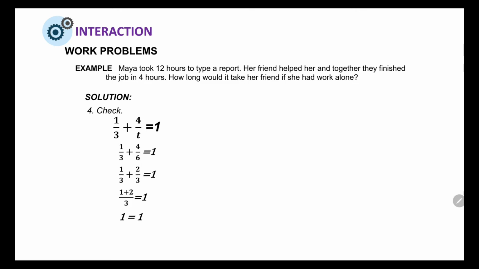Since they have a common denominator, you just add the numerators. So 1 plus 2 is 3, divided by 3 is equal to 1. So the answer is correct since 1/3 plus 4 over 6 equals 1.